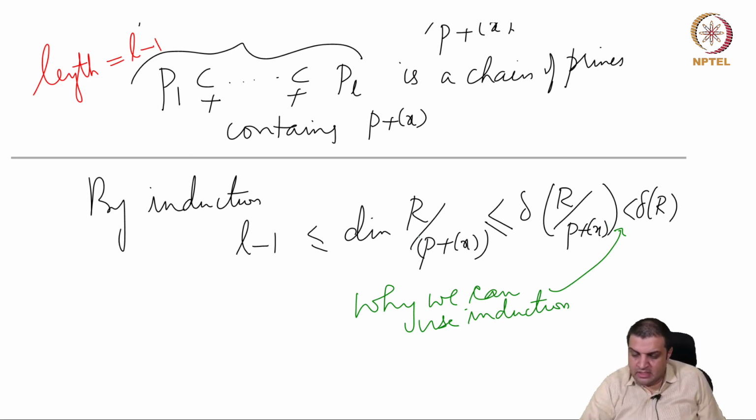For that, dimension is less than or equal to delta, and this L minus 1 is less than or equal to dimension.